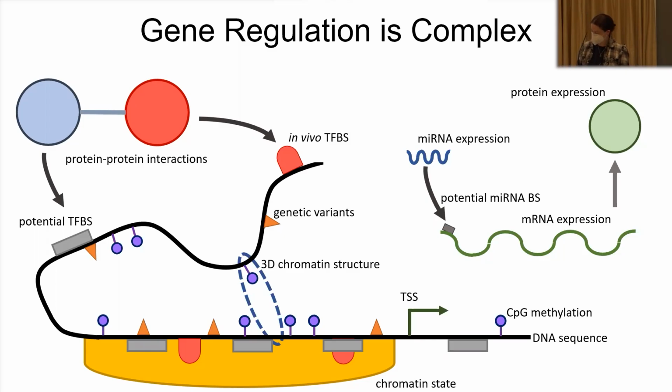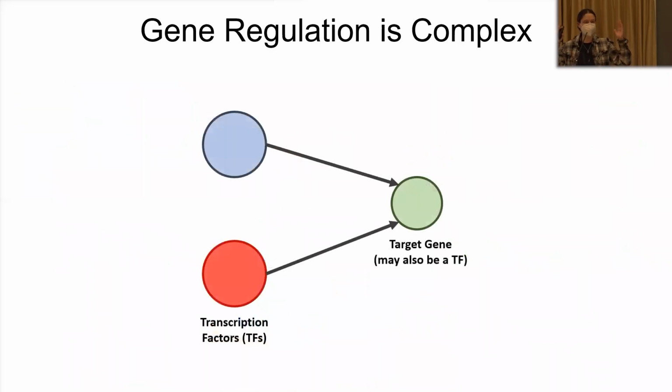But at the end of the day, we have different types of regulatory mechanisms, protein interactions, chromatin structure, chromatin state, methylation, microRNAs, protein expression, and we want to reduce that down to something that we can model as a network. When I talk about gene regulatory networks, I normally talk about transcription factors regulating target genes. And some of the target genes are also themselves transcription factors.